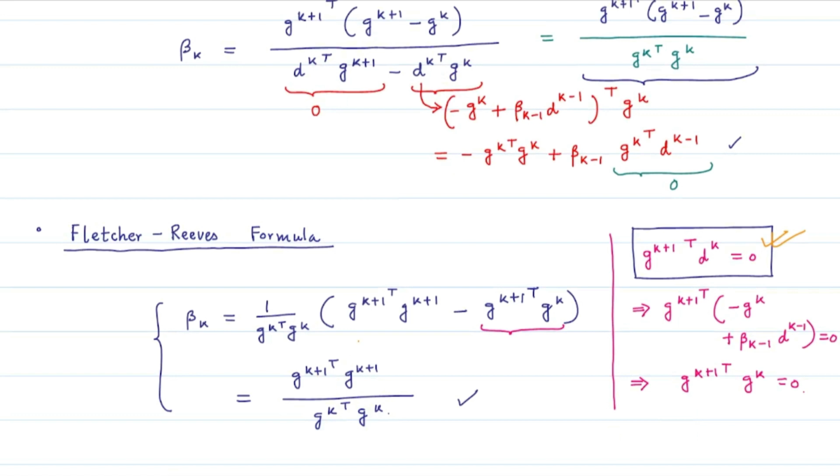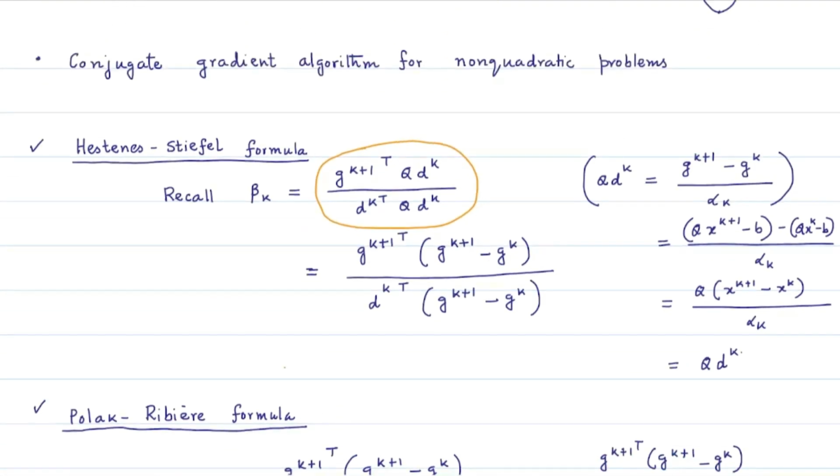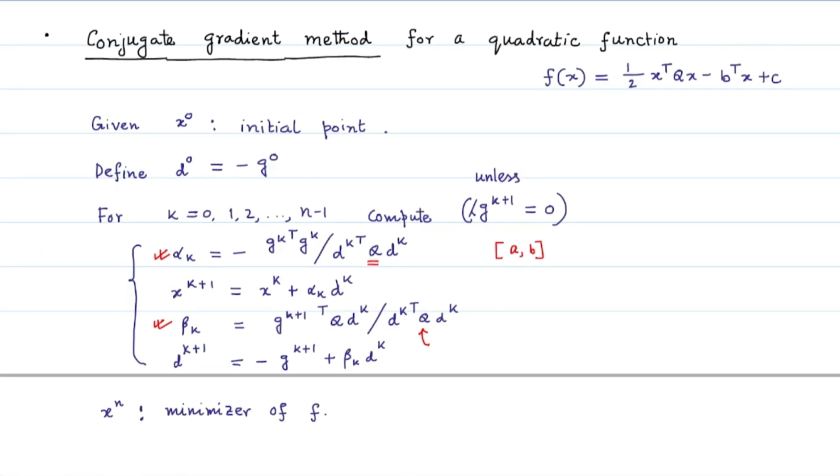the beta k expression for a non-quadratic function, then using this beta k expression in the conjugate gradient algorithm, if you replace beta k by the Polak-Ribiere formula, that is, beta k equals gk plus 1 transpose times gk plus 1 minus gk divided by gk transpose gk, and you compute alpha k by one of the inexact line search methods, then you notice that you do not require the computation of the Hessian matrix for a non-quadratic function.